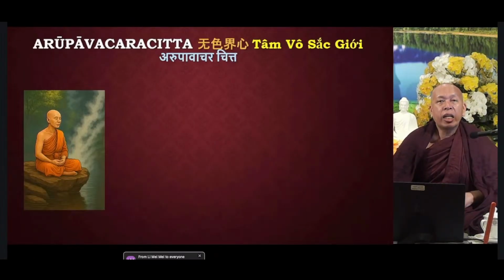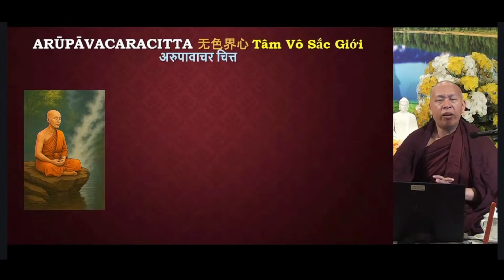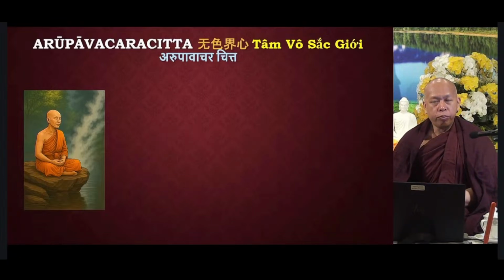Without attaining basic jhana, we cannot practice immaterial jhana directly. We must have foundation jhana from kasina. We have 10 kasina. Among the 10, skip space kasina, remaining 9. We have 9 kasina.